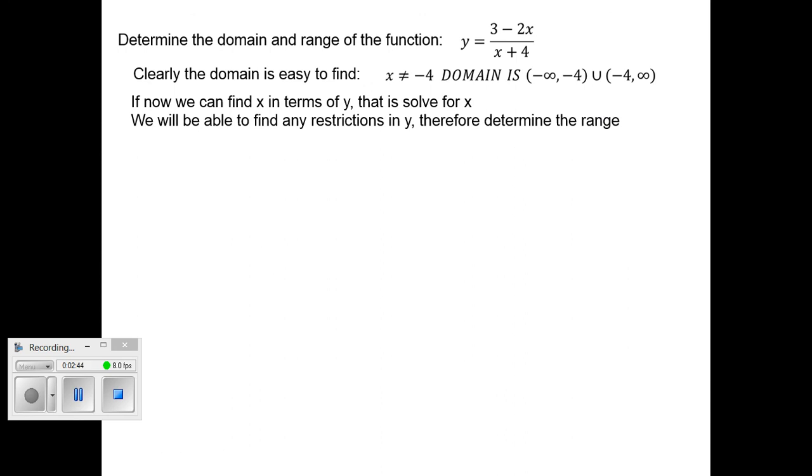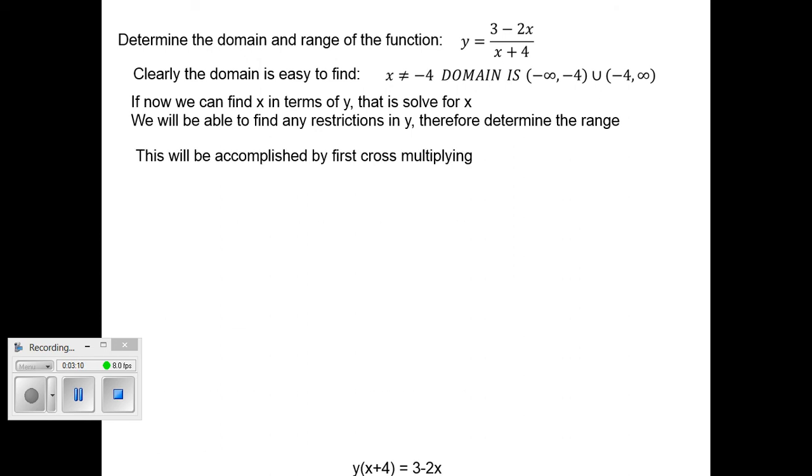Now, we're wanting to know what y can or cannot be. That is, we're after the range of this function. The range of this function will be facilitated if I can get my y in the denominator, so then I can see what y can or cannot be.